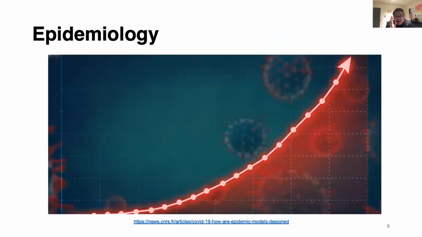Number 1 is epidemiology. It is very important to predict the trend of how this epidemic is going to progress, like the increasing trend of the number of cases and deaths, how the virus is likely to propagate locally and globally, and what kind of non-pharmaceutical intervention policies could be effective to maximally prevent the spread of the disease.